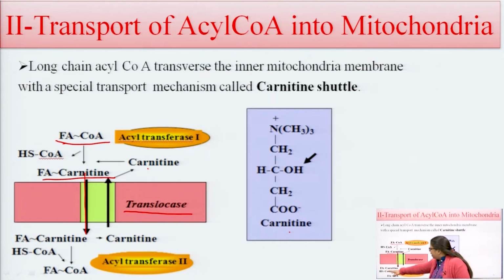When the fatty acid carnitine is transported into the matrix, carnitine is freed from the complex, and the coenzyme A is again reacted with the fatty acid to form acyl coenzyme A. The carnitine is returned to the cytosol for reuse, and acyl transferase second is responsible for re-forming the fatty acid with its coenzyme A.